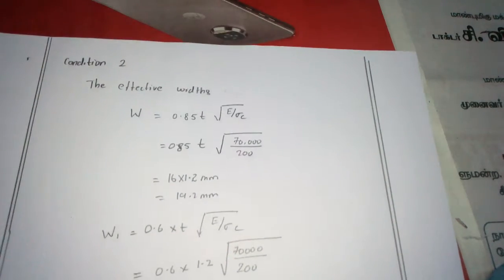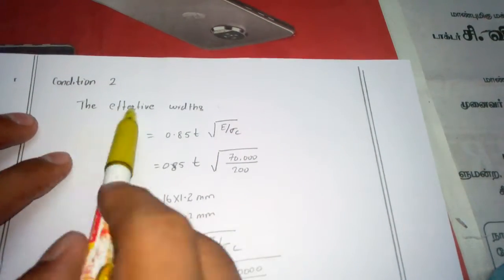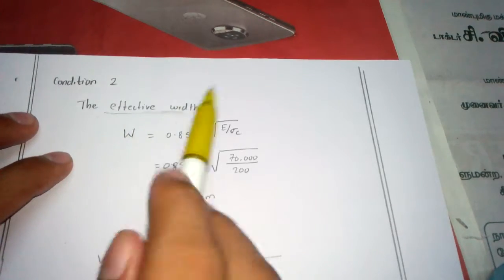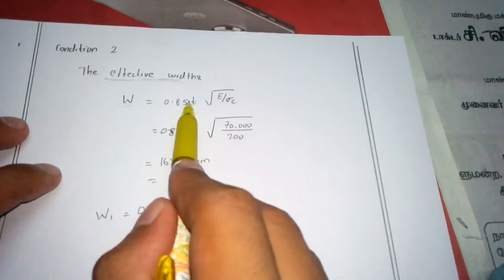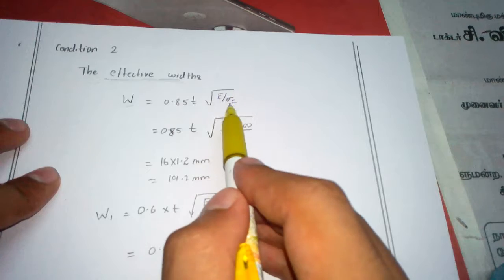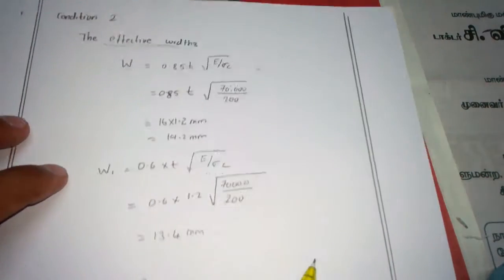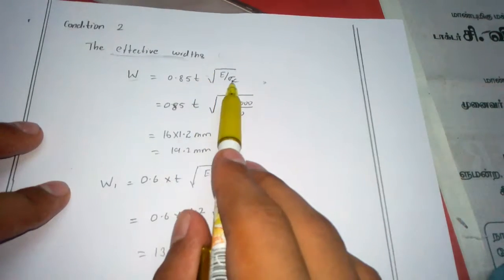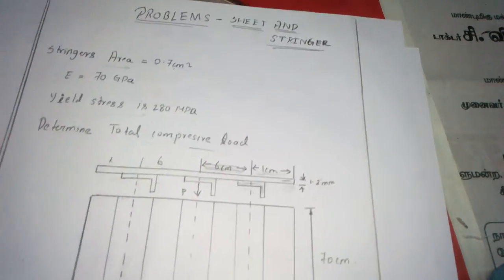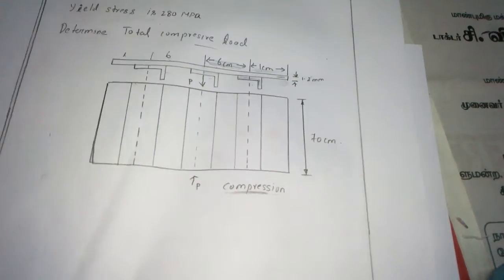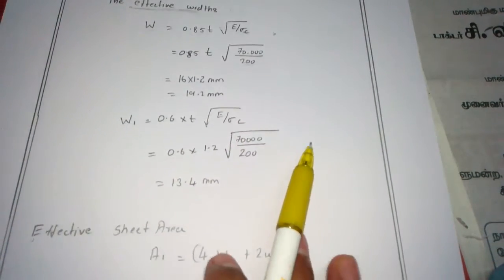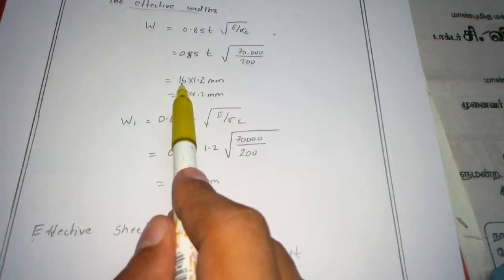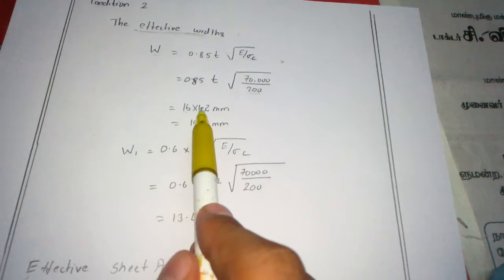Now for the effective width, the formula is 0.85 times thickness times root of E by sigma C. We know E and sigma C. Now substitute the values here and B of 6, and we will get 16 into 1.2 mm.